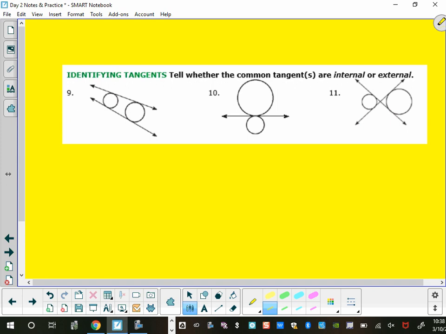What does internal mean? Inside or outside? Inside. So external is outside. If you look at these tangents here, are they inside or outside of the circle? Outside. So this would be external.